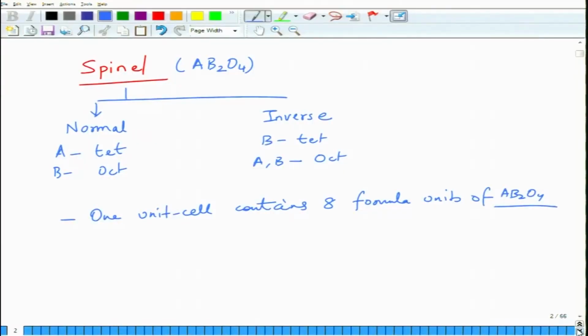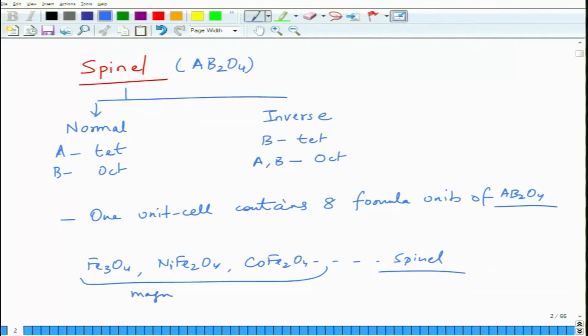So, what I showed you just now was a spinel structure compound, and this is of a lot of importance because a lot of engineering oxides such as Fe3O4, NiFe2O4, CoFe2O4, all of them basically follow the spinel structure, and these oxides are interesting because they are magnetic oxides and they are called ferrites.